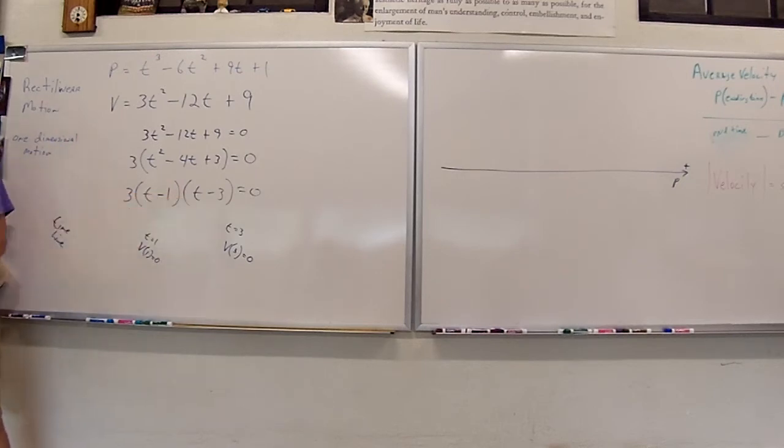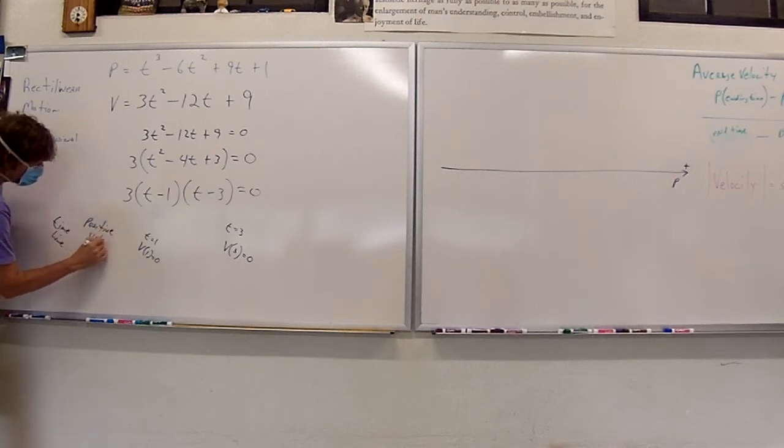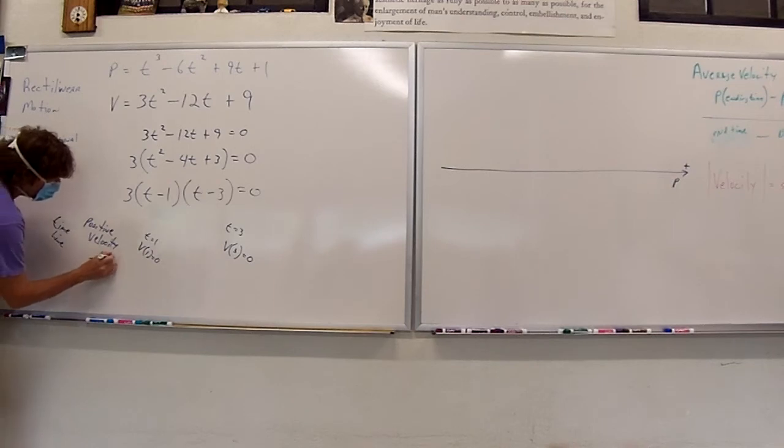You'll find out the velocity is positive. So for everything less than t equals 1, we have a positive velocity, which means the particle is moving in the positive direction. For us right now, that's to the right.